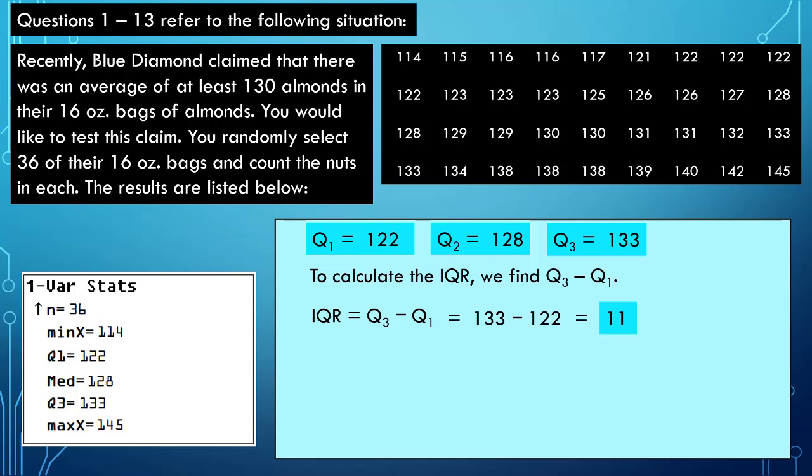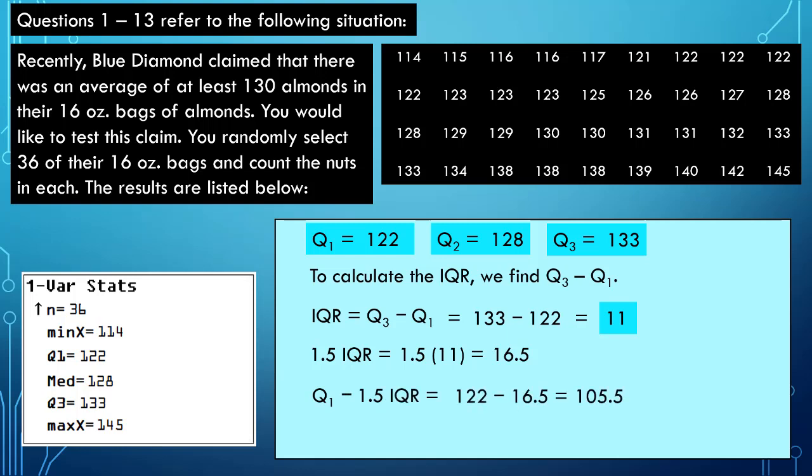So we take Q1 and we subtract 1.5 IQRs. First, let's compute that. 1.5 IQRs is 1.5 times 11, which is 16.5. So we're going to take this 16.5 and subtract it from 122, and that gives us 105.5. Then we're going to take the 16.5 and add it to Q3.